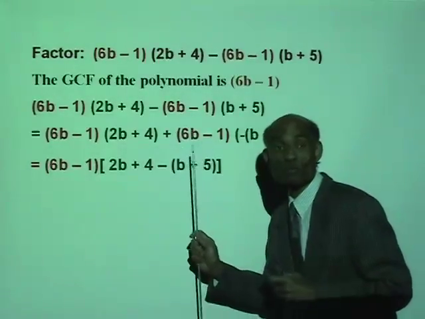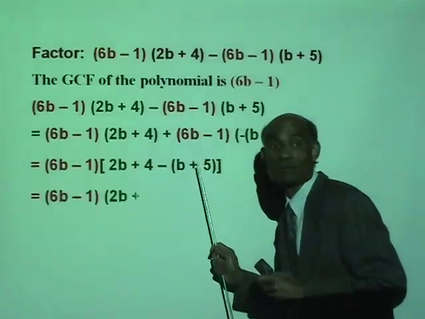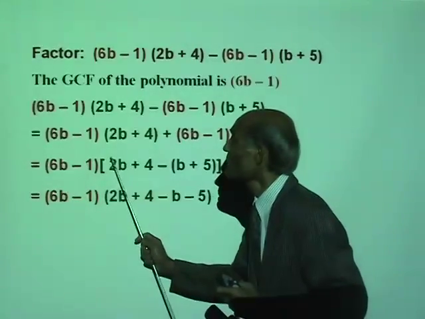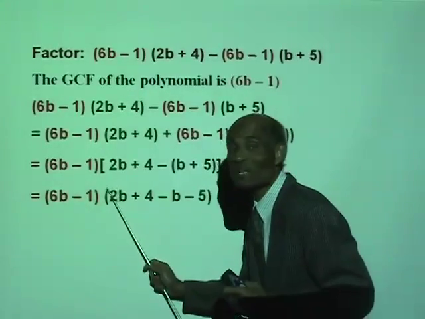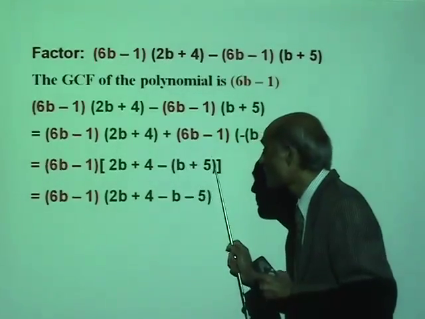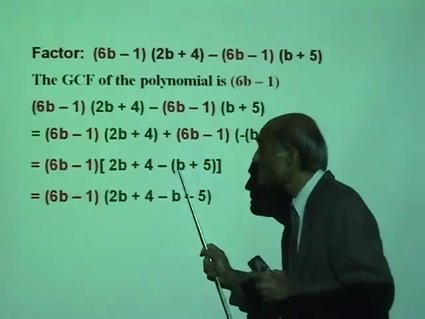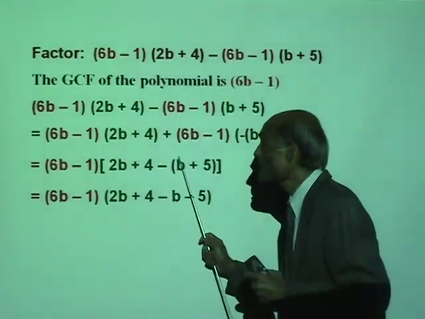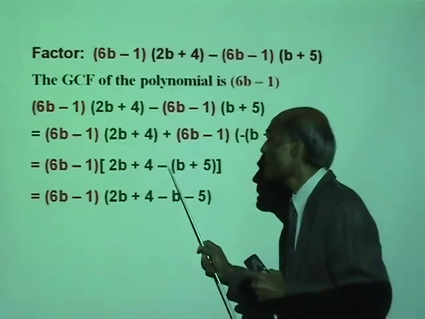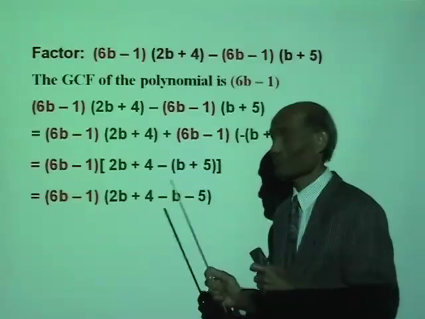And now before you proceed, you need to distribute that negative 1. And that will be 6b minus 1. You can now change the bracket to a parenthesis. Why? Because we are going to get rid of that parenthesis. How? By distributing that negative sign. Negative 1 times b is negative b, and negative 1 times positive 5 is negative 5.